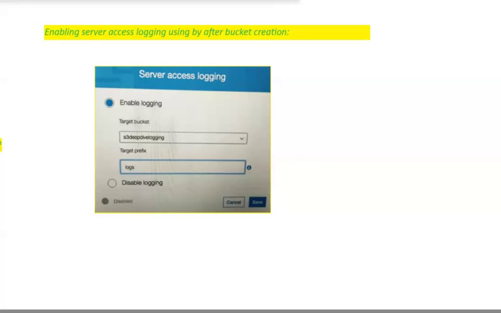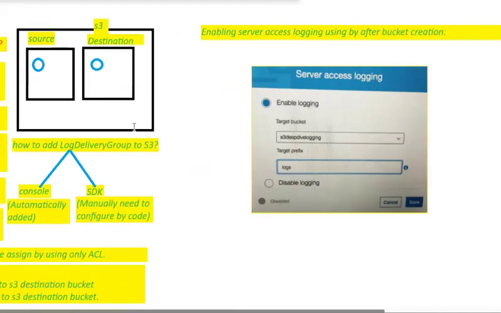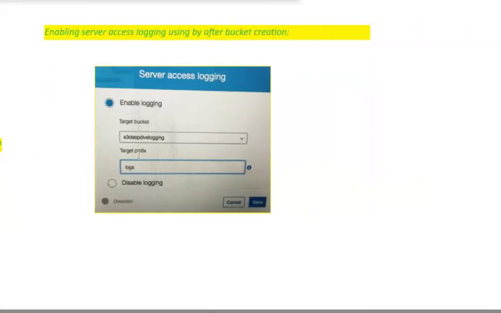Under that you have an option called Properties. Under Properties, you see an option like Server access logging, disabled. You just open it and then click on edit. You have two options available. You need to select the target bucket, that is, the destination bucket, and the target prefix that you want to provide.